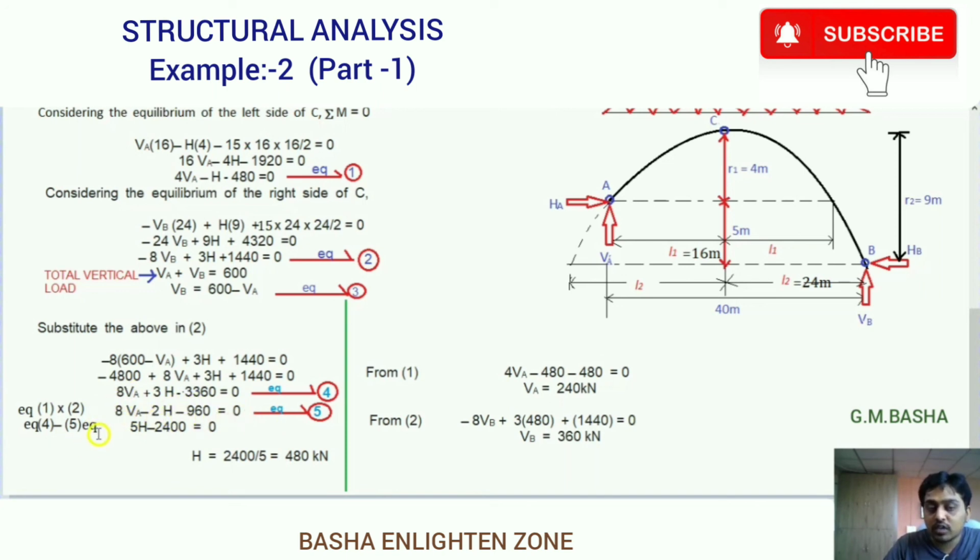So take down that one, and 8VA minus 8VA will be cancelled. Plus 3H plus 2H will be 5H, and minus 3360 plus 960 will be minus 2400, equal to 0.